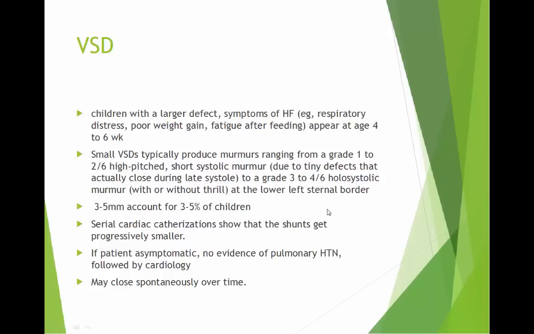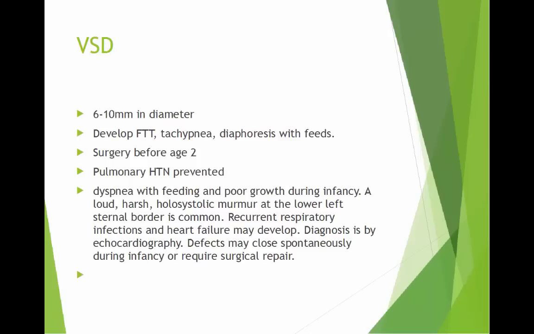You need to do serial cardiac catheterizations to be able to show that the actual shunt is smaller. Asymptomatic patients with no symptoms or evidence of pulmonary hypertension are followed by cardiologists. Remember that if it's small, it may close spontaneously over time.